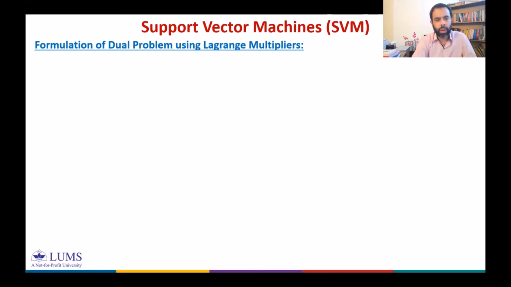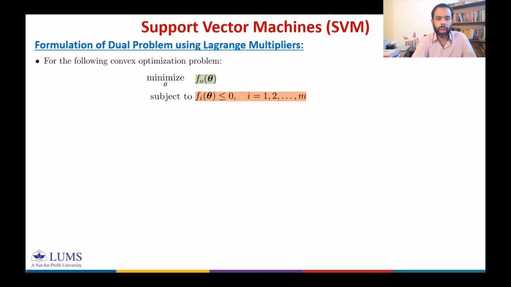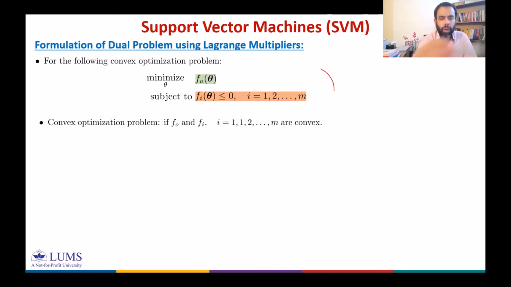If we have a convex optimization problem of this form, where we minimize an objective function subject to m inequality constraints, this problem is a convex optimization problem if the objective function and the inequality constraint functions are convex in nature.